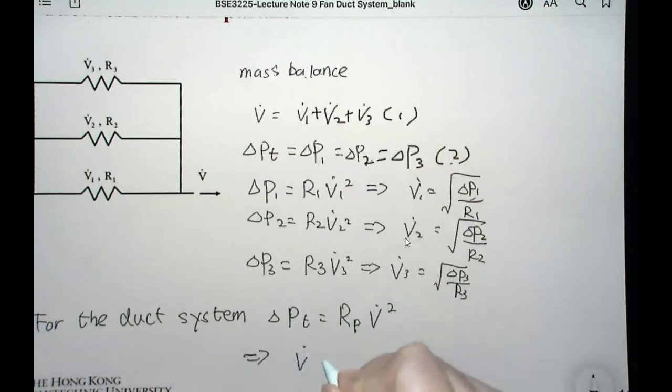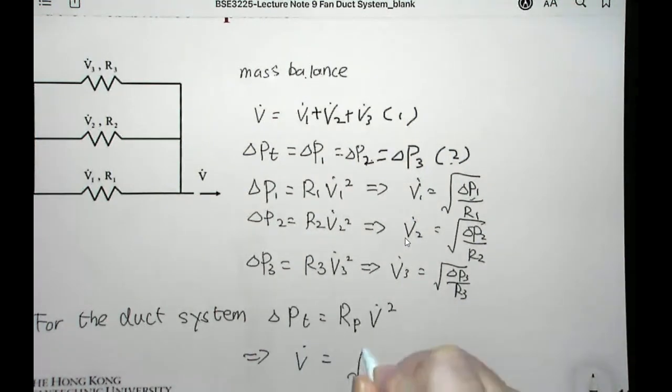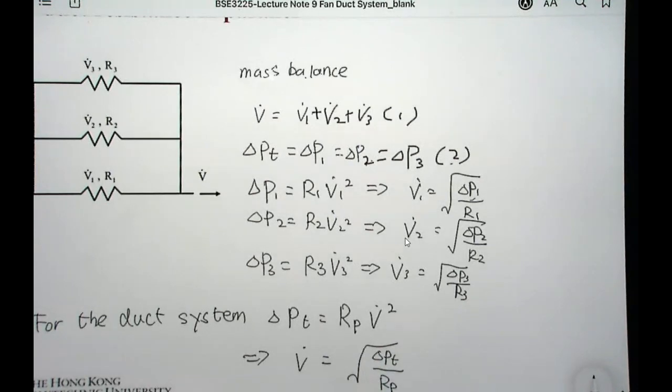So V dot, the total volumetric flow rate, equals the square root of delta P total divided by the system resistance of the duct system.